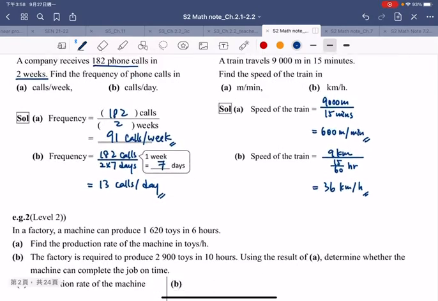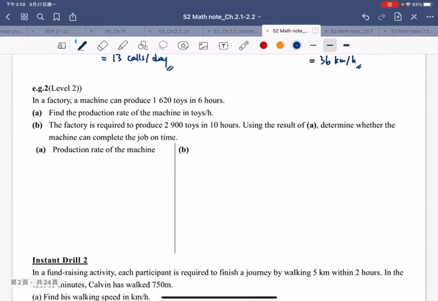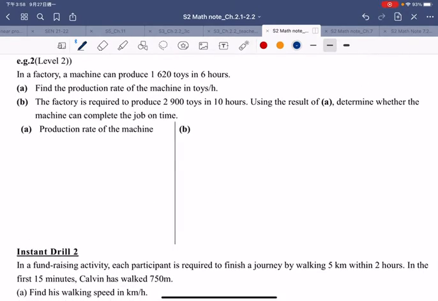So let's move on to level 2, word problem questions. So in a factory, a machine can produce 1,620 toys in 6 hours. Part A simply asks you to find the production rate of the machine. So we can take a look at the units given in order for us to know which number on the top is divided by which number.